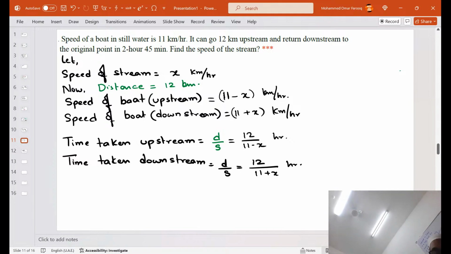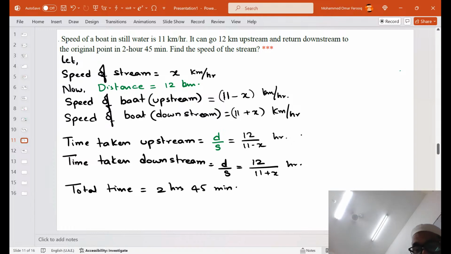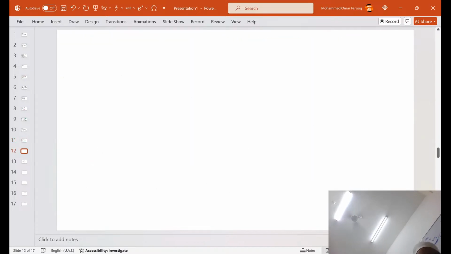So now he has given total time is equal to 2 hours 45 minutes. So that means this plus this is equal to 2 hours 45 minutes. So let us add it now.